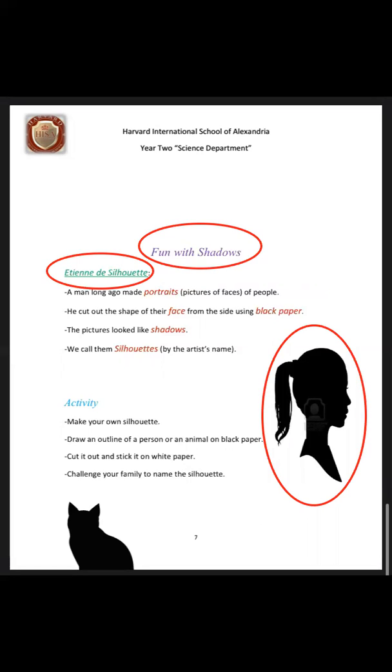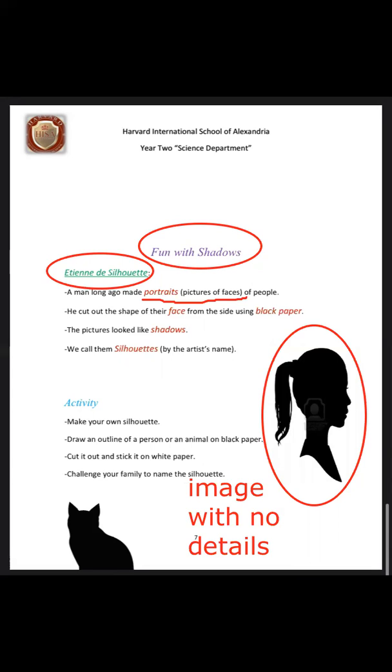Okay? There was a man long ago who made portraits. What are portraits? It's a picture of faces. He usually drew faces of people. There are artists who only draw portraits, people's faces.